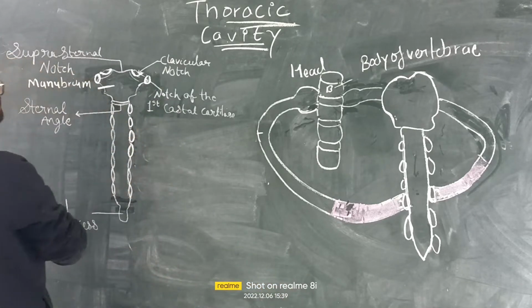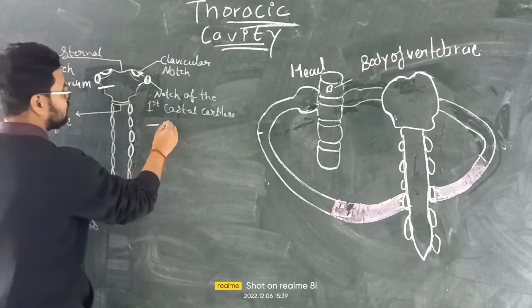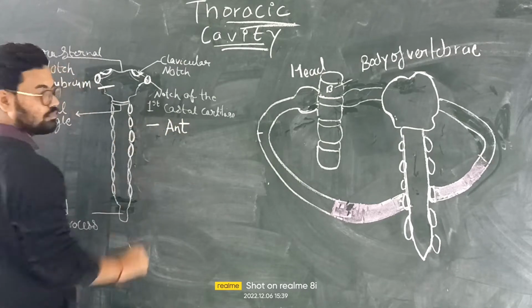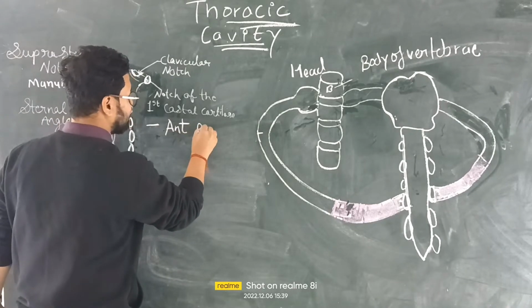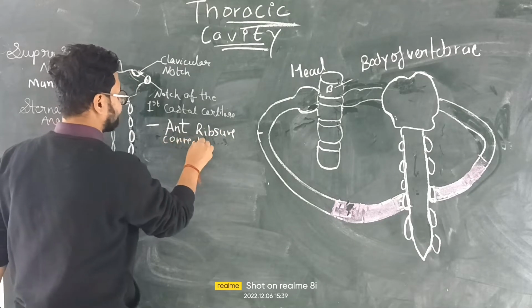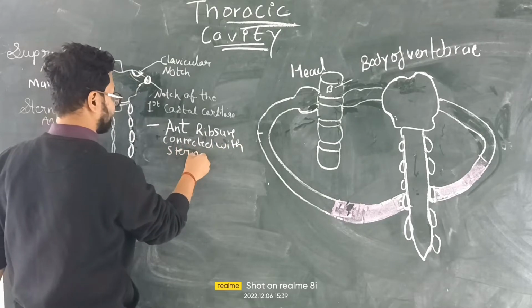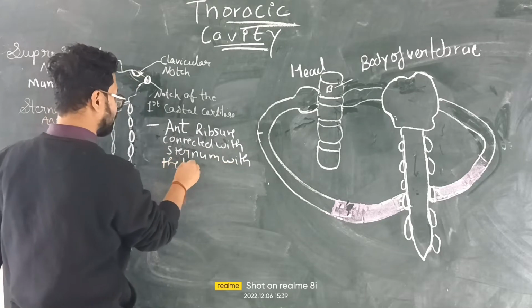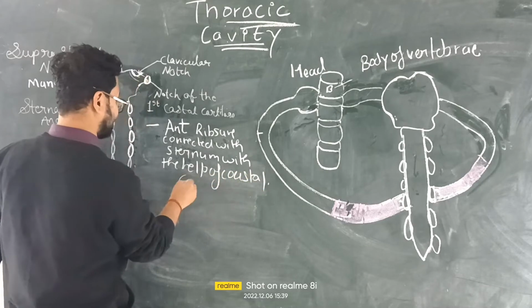I told you that anteriorly the ribs are connected with the sternum with the help of costal cartilage.